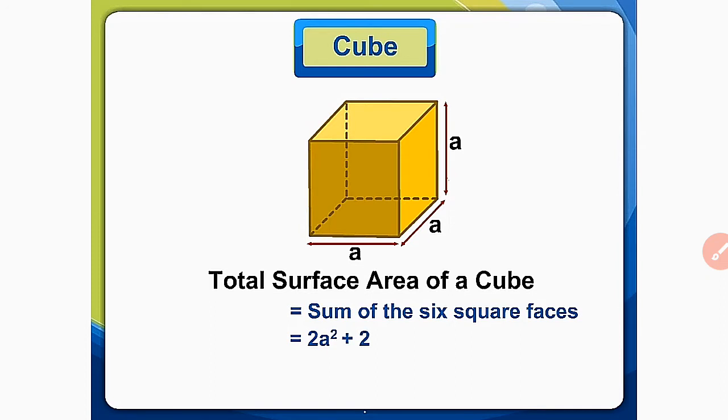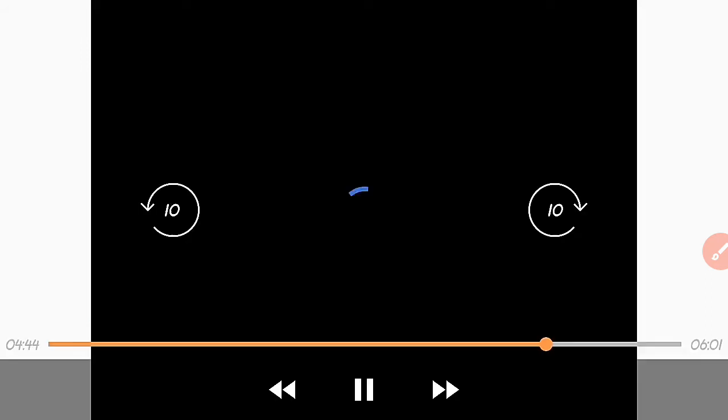So front and back faces will have the area as 2A square, top and bottom will have 2A square, and the two side faces also will have the area as 2A square, as we have discussed in a cuboid. So 2A square plus 2A square plus 2A square. Taking 2 as common, it can be written as 2 into A square plus A square plus A square, which is equal to 6A square. So total surface area of a cube is equal to 6A square.